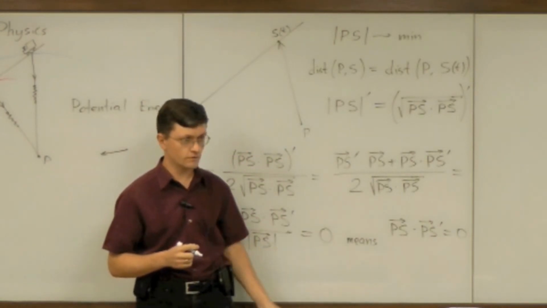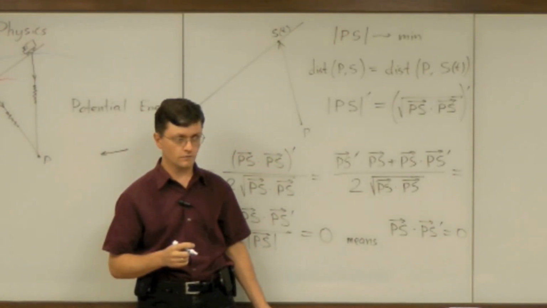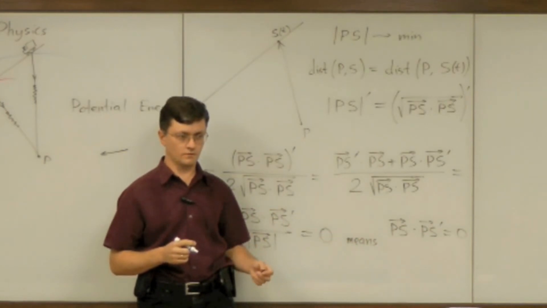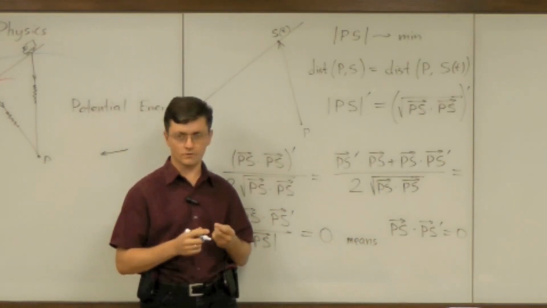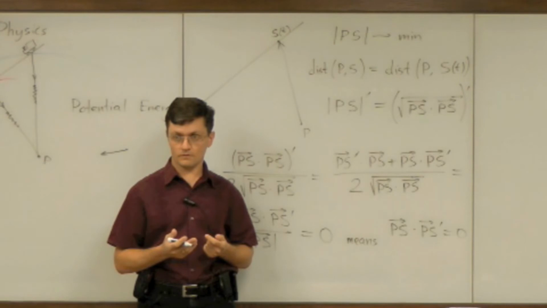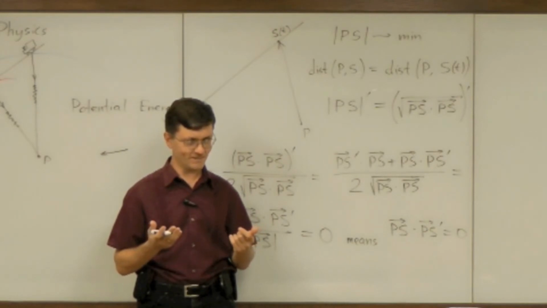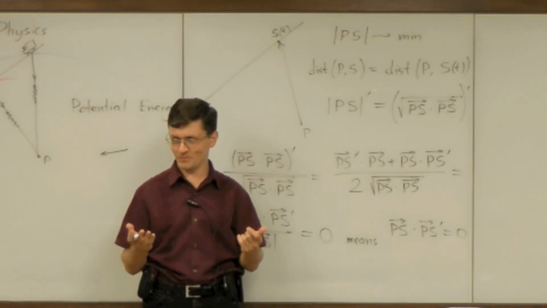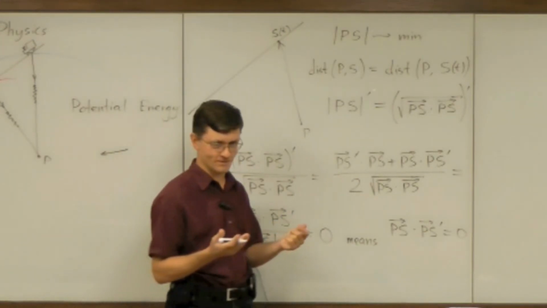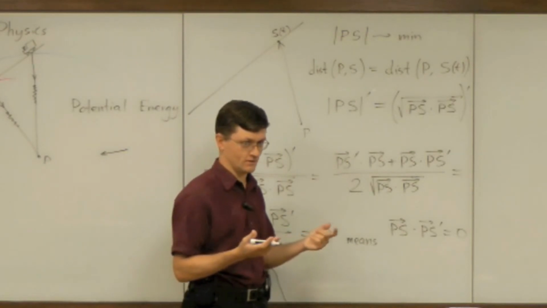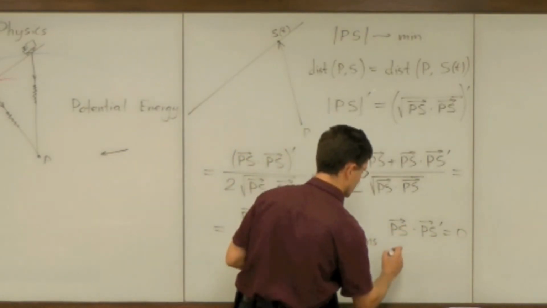And that means what? What does it mean that 2 vectors have dot product equal to 0? Parallel, perpendicular. They're either parallel or perpendicular. Should we vote on perpendicular? Isn't that right? Dot product equals 0 means they are perpendicular.